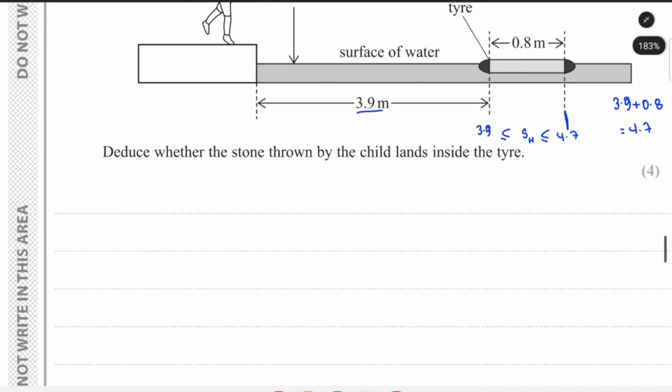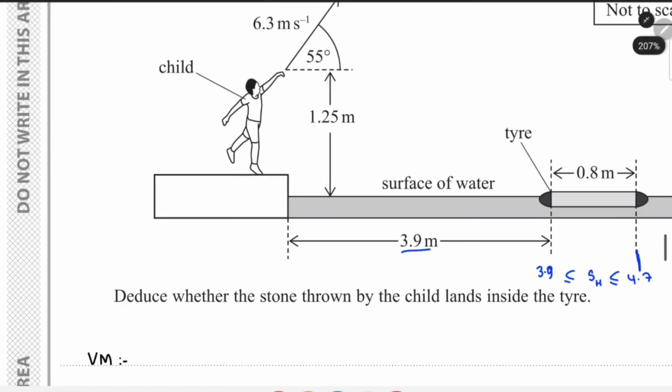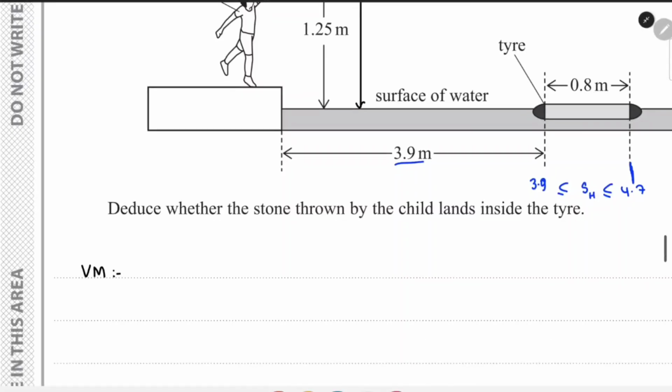Now for this I am going to use both vertical motion and horizontal motion. At first we'll work with vertical motion to find the flight time. At the surface of the water, the vertical displacement is minus 1.25, since we are taking every upward movement as positive, since that's the initial direction of vertical motion, we started moving upwards first, if we are considering vertical motion only.